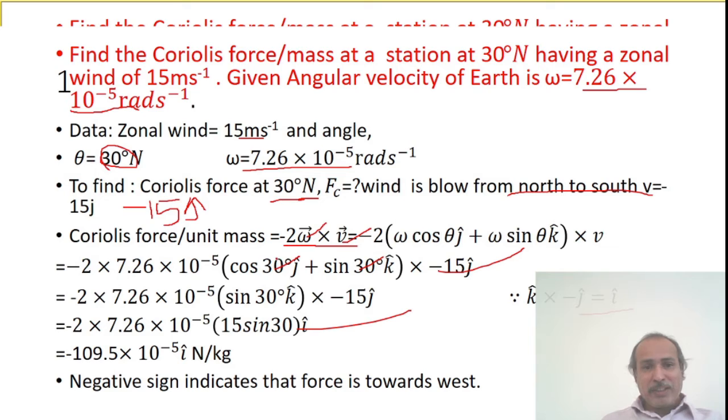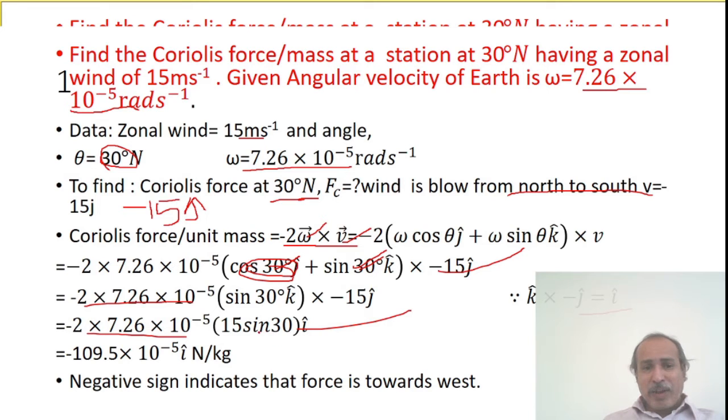So this term vanishes. The remaining thing is only sin 30 k cap into minus 15 j. In the next step, carry this as it is. The remaining is 15. k cross minus j equals i. Then 15 into sin 30 into i cap.